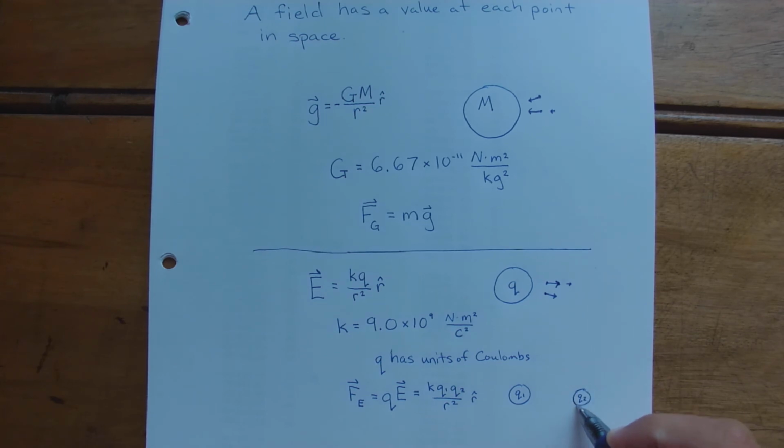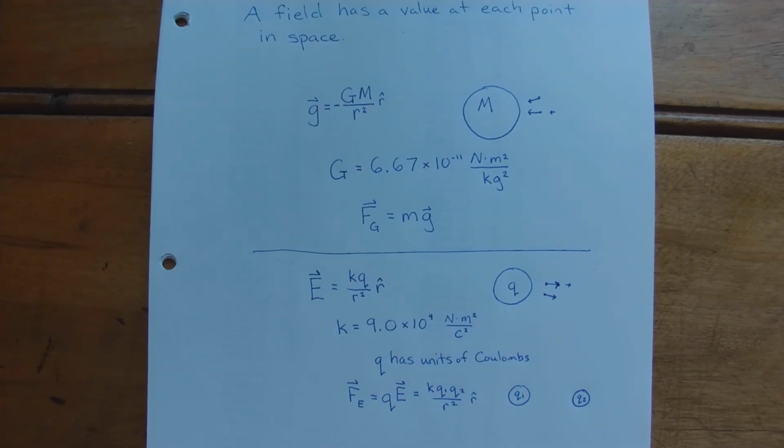Or you could also say Q2 has a field which has some value where Q1 is, and you could either use the field from Q1 here and multiply it by charge 2 to get the force that charge 1 exerts on charge 2, or you could look at the field that Q2 has here and multiply it by charge 1 to get the force that charge 2 exerts on charge 1. But as we know from Newton's third law, those forces should have the same magnitude but the opposite direction, so it doesn't really matter which one is Q1 and which one is Q2 here.